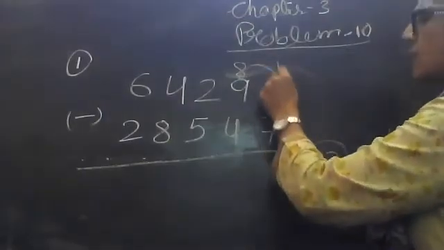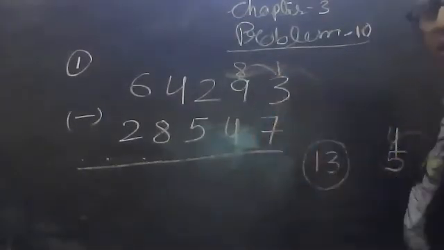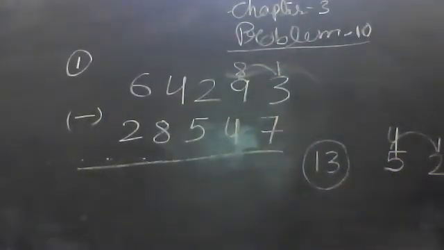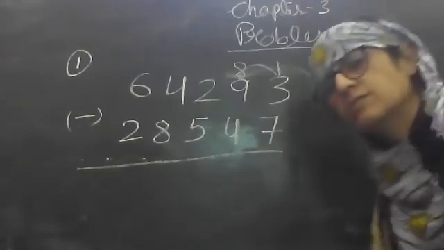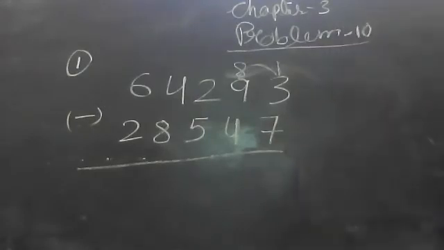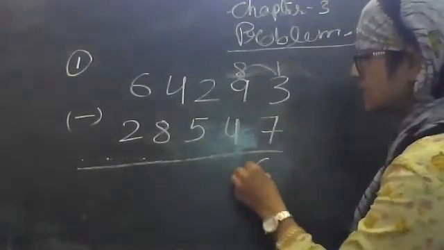So here 13 minus 7, means you have to subtract 7 from 13. So how much? You just tell me. If you subtract 7 from 13, tell me. Yes, yes, it is 6.